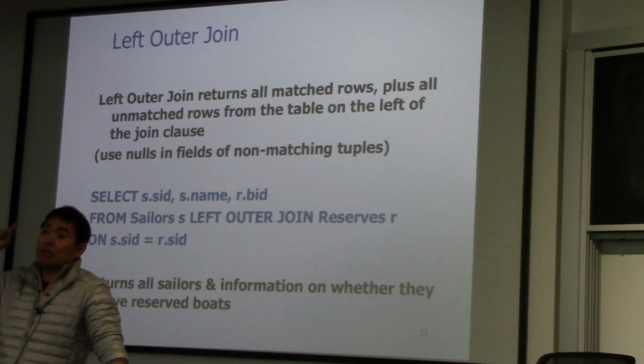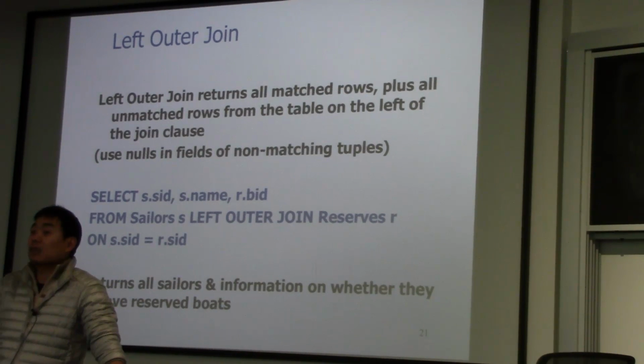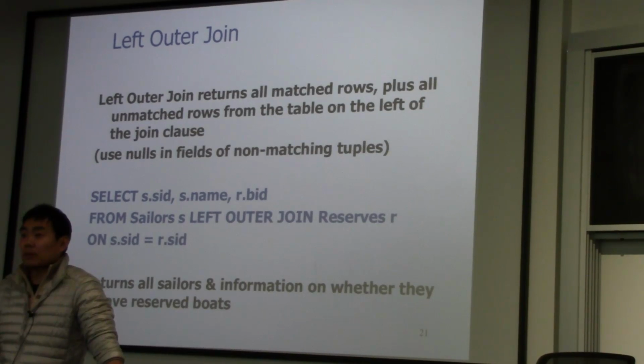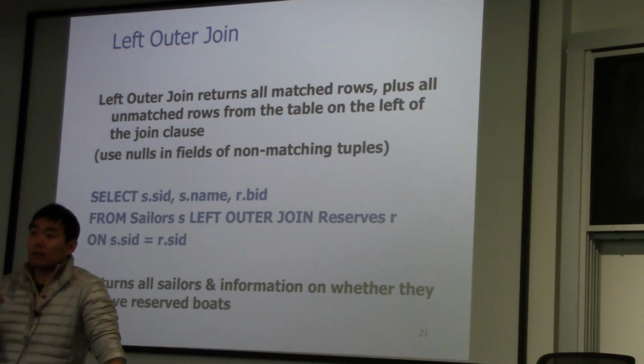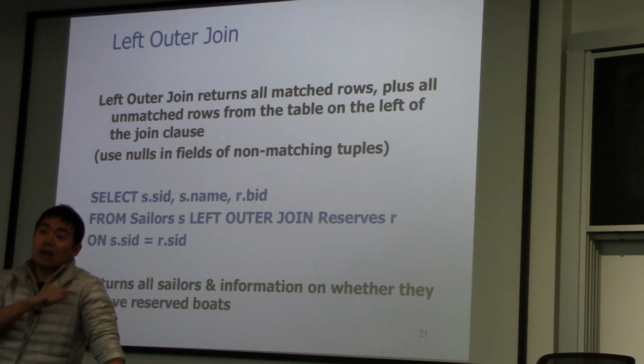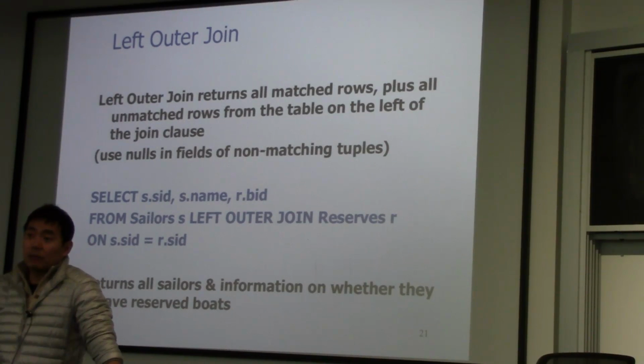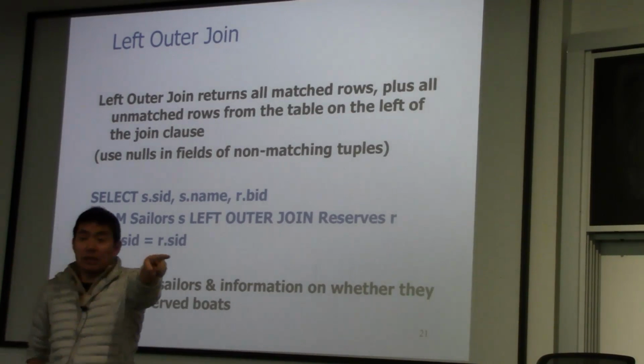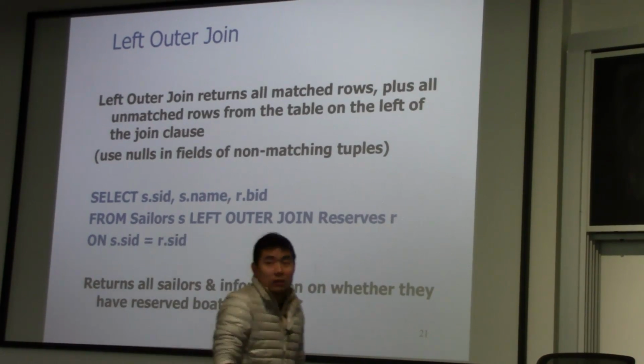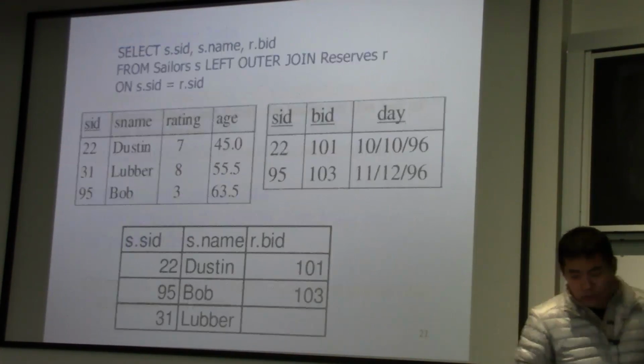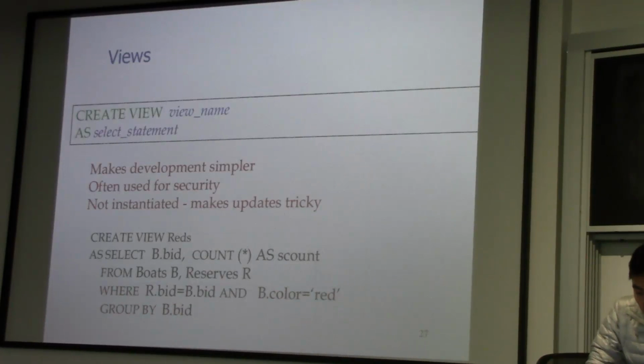So if you change left outer join to right outer join, it's essentially the same as inner join, because you have no reserve record that does not have a matching record from the sailors. Make sense? So it's essentially the same question as we asked. Good question.